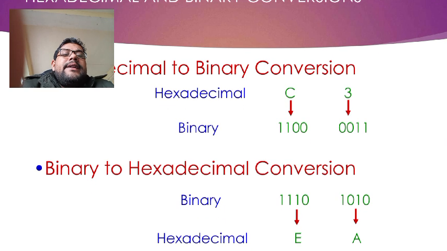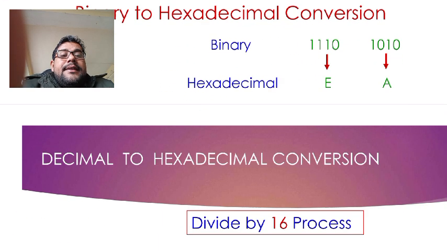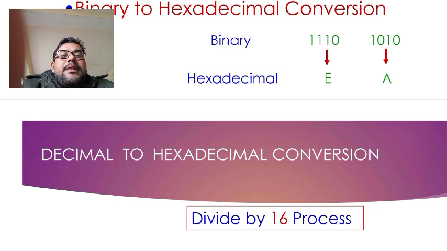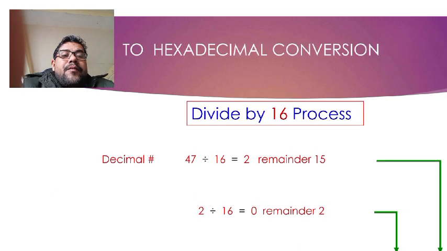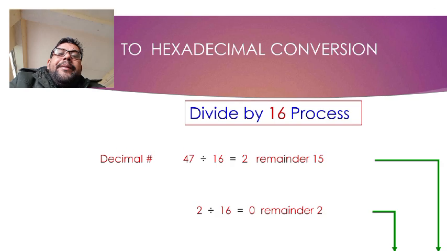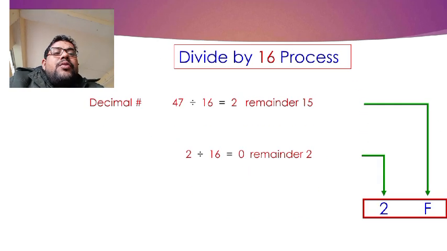In binary to hexadecimal conversion, we can see if we want to convert any decimal number to hexadecimal number, what is the process?